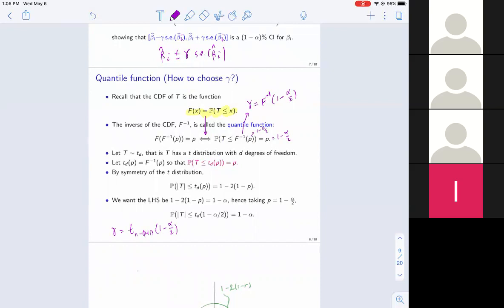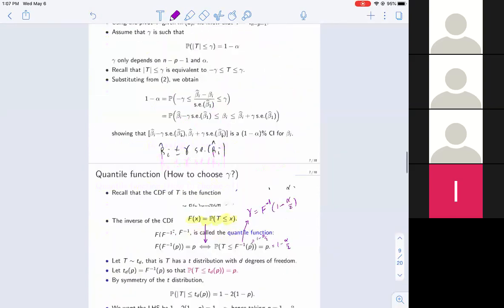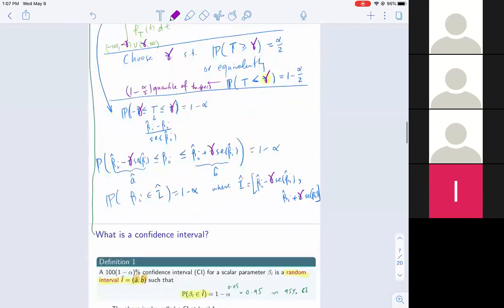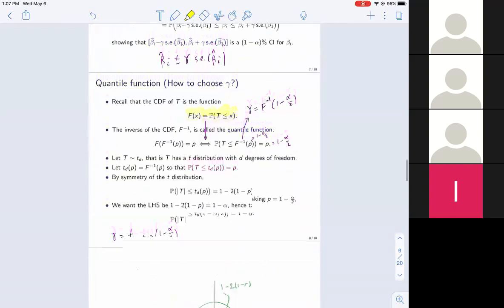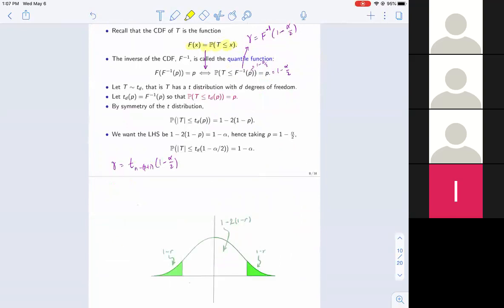The notation is not that important; you just have to understand what it is. It's good to know what a quantile function is, but if you don't know, it's fine. You can still just work with this idea here. This should be obvious. Questions? Comments?